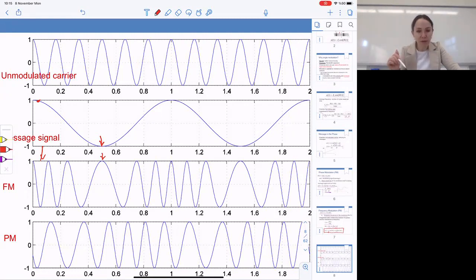If, on the other hand, you look at phase modulation, it's perhaps less direct because our message is modulating not the frequency but the phase. So it is sort of less direct to see the mapping visually. However, we will see now a very direct relationship between FM and PM.